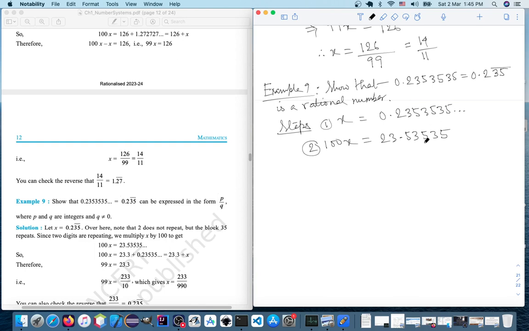Somehow we have to bring x again on the right hand side of the equation. So from 23.53535..., how can we rewrite this number? How can we break this number 23.5353... so that it will have one part x and another part some other number?